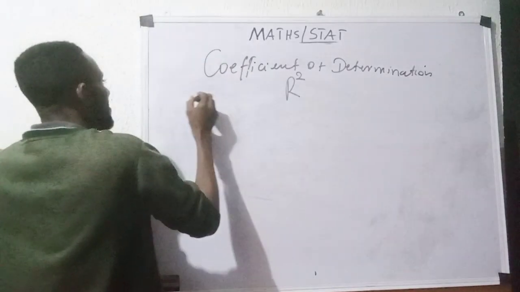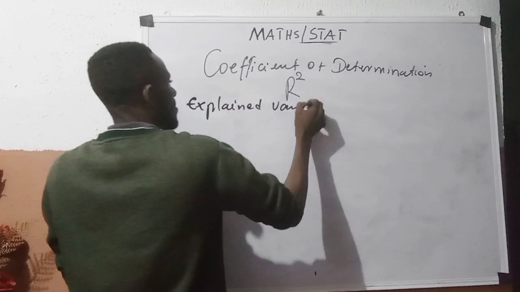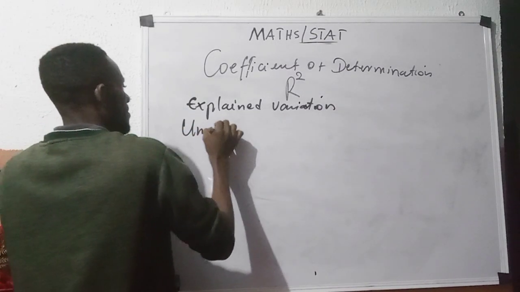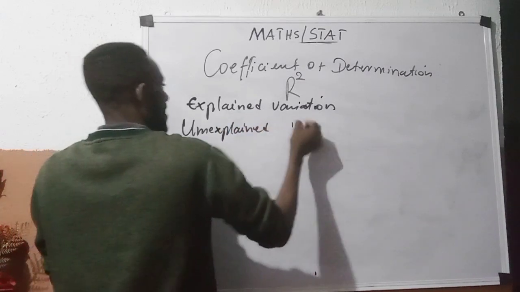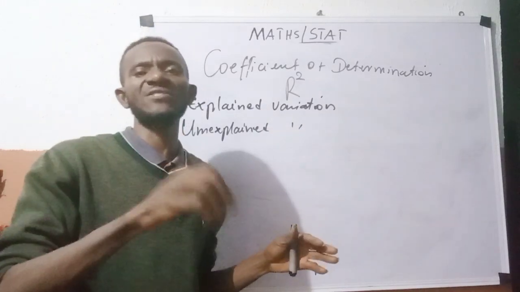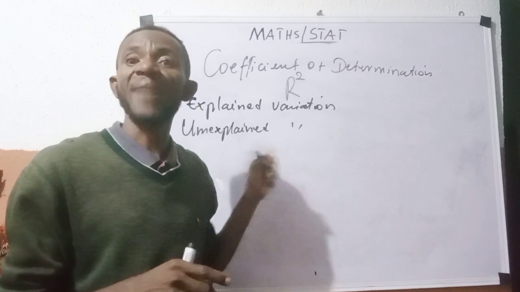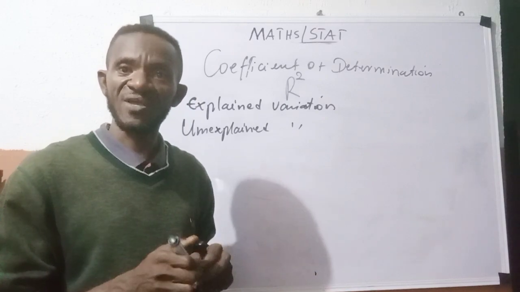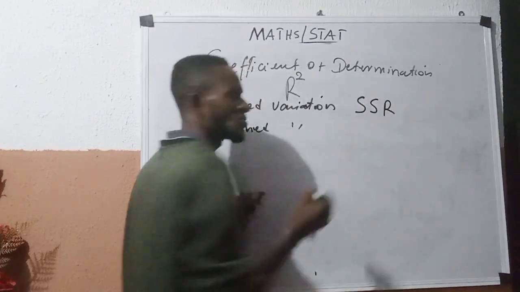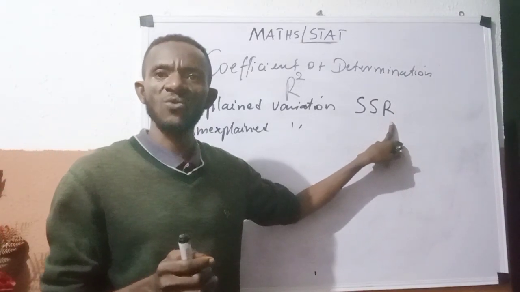Explained variation is talking about the variations in the response variable that is accounted for by our model or by our independent variable, and is often represented with SSR, sum of the squared regression.